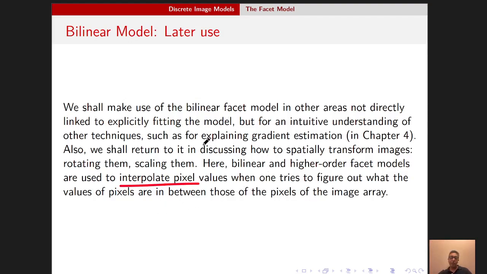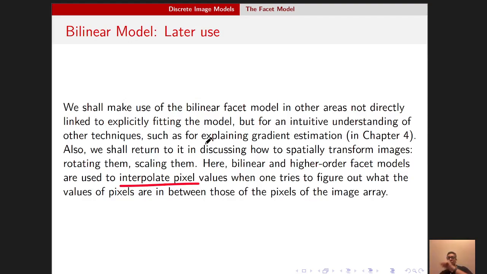And then we will also see that the other use is that once we understand this idea of taking a region of an image and assuming it conforms to some particular model, you can then use that information to ask the question, well, how can I estimate the parameters of that model in a local region?